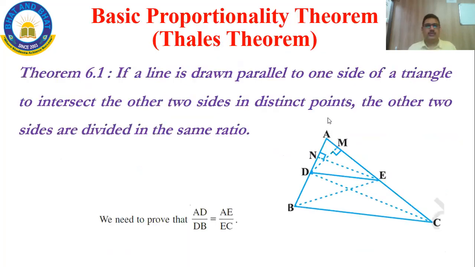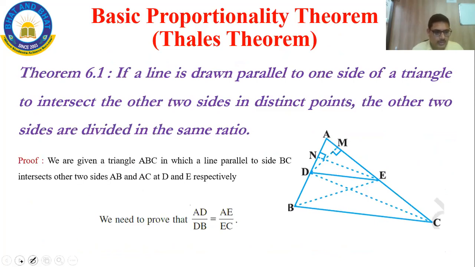So let's go into this basic proportionality theorem or Thales theorem. Let us read the statement as it is and understand it in detail. If a line is drawn parallel to one side of a triangle to intersect the other two sides in distinct points, the other two sides are divided in the same ratio.